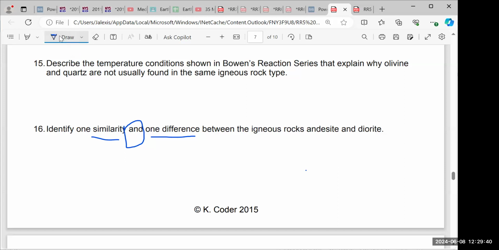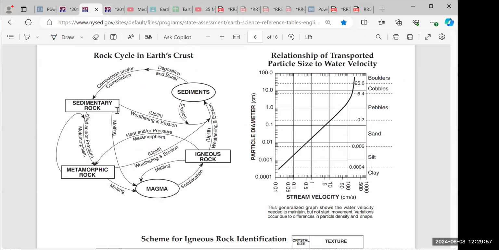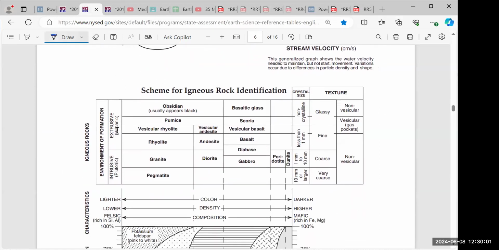So that means I can actually find my answer on the reference tables. So let me look at andesite and let me look at diorite, all right? So what page of the reference tables do we look at? We're looking at page 6 of the reference tables. So if I take a look, I see andesite is here. I see diorite is here.